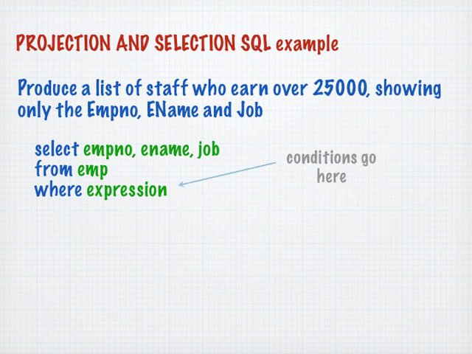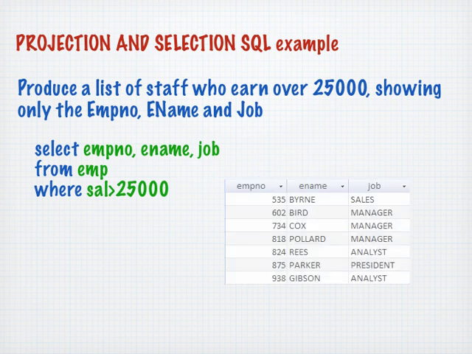Finally, down next to the where clause, the where statement, we can write down the actual expression, the condition that's required here. And in this instance, we're interested in people who earn over 25,000. So you can see very, very clearly that we've got a projection and a selection, particular rows and particular columns. And if we run that against the database, we just get back the particular columns and the particular rows that we're interested in.